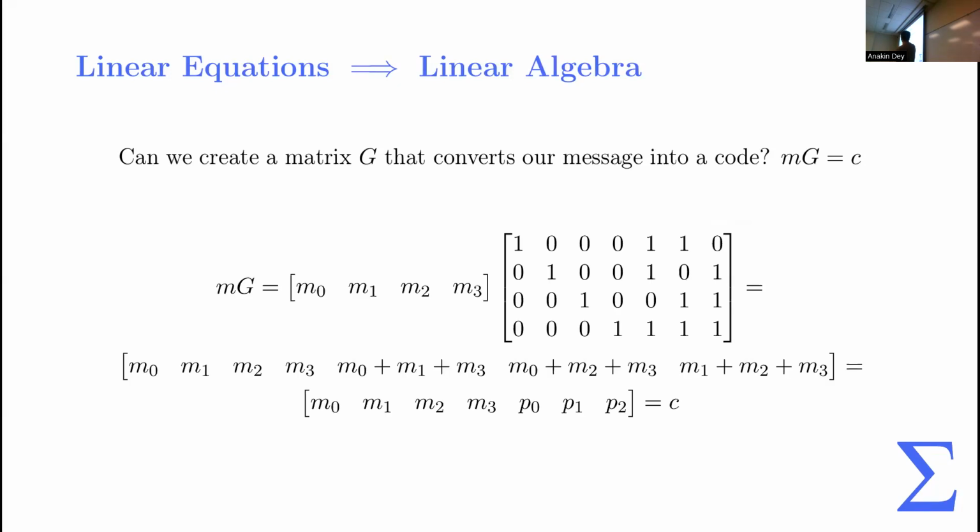The matrix looks something like this, which is very similar to the equations we saw earlier. We've got the identity in the first 4 columns because we just want to copy over the first 4 bits of the message. And then down here, we're taking the 0th bit, the first bit, and the 3rd bit. Same thing over here, same thing over here. We just turned these equations into a matrix. So far, so good.